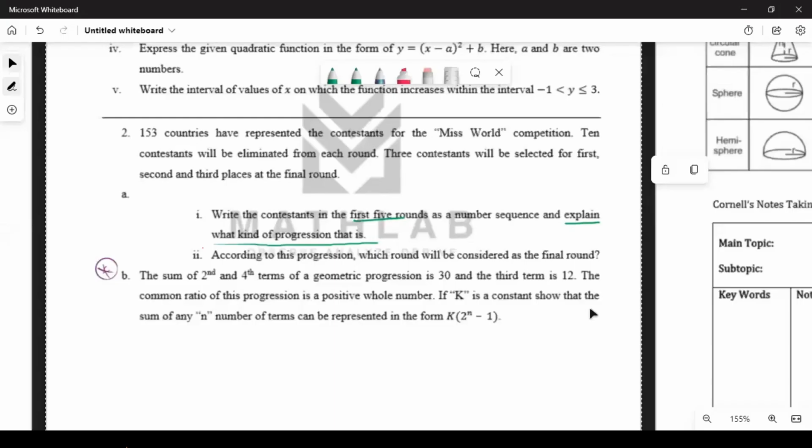Geometric progression is also not hard, but you have to think carefully. What is a geometric progression? Let's say you have 2, 4, 8 and 16. The next terms you get by multiplying the previous term by 2, which means the next term is a product of the previous term and the common ratio.